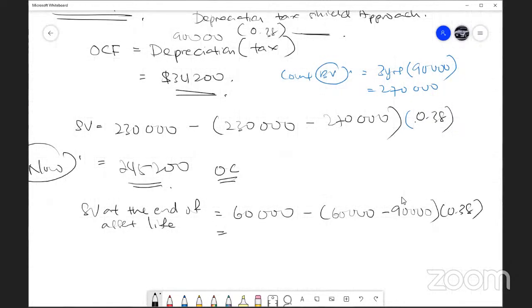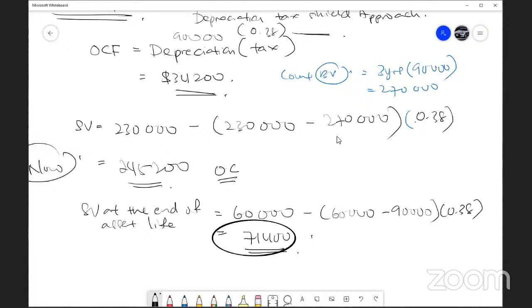So in the end, once the asset has already reached its maturity or reached its expiry, you can still sell at $60,000. But you want to count what is the book value. Okay, so here in the end, because of the tax shield, you are selling it in the end at a higher value, $71,400. Okay, $71,400.